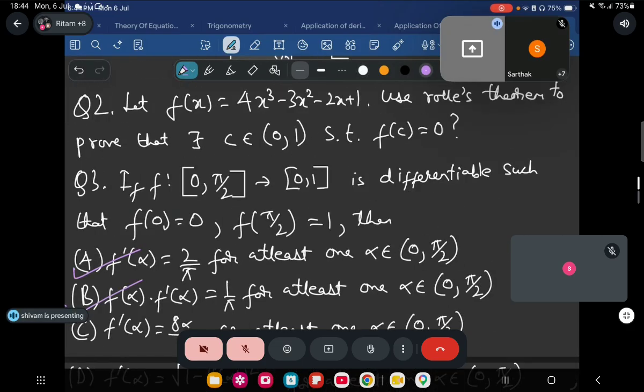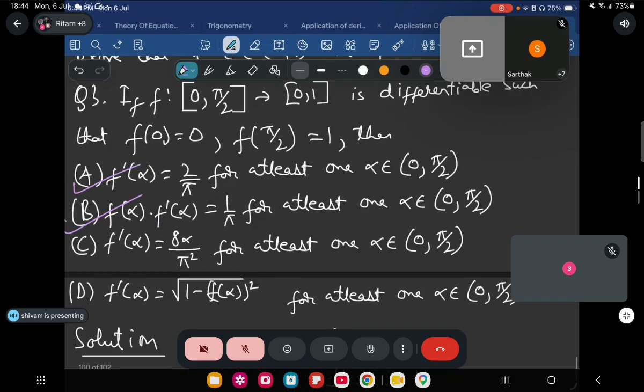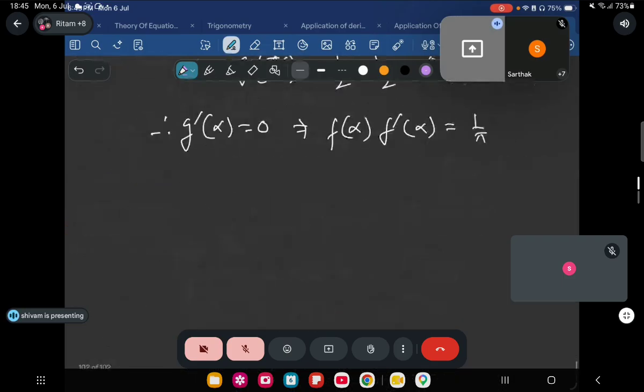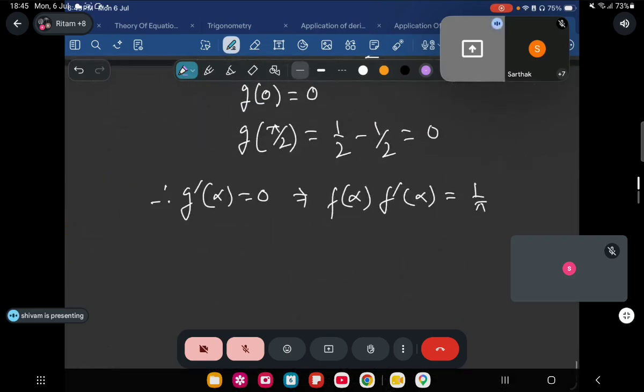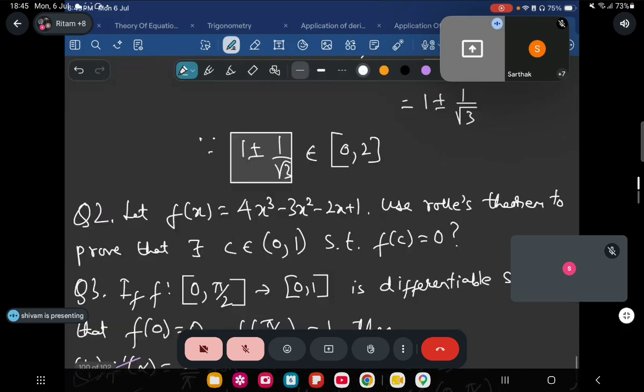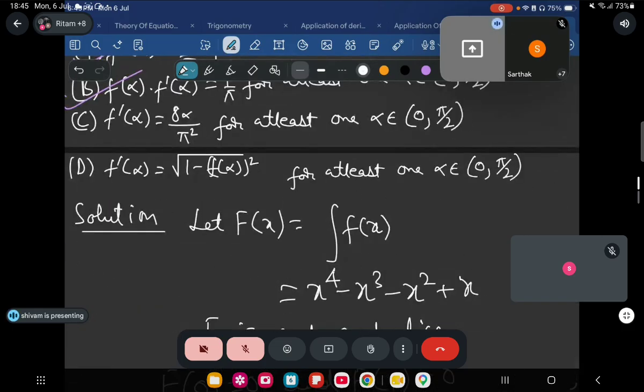So now you can understand that all the options are correct. Similarly, option C will also be correct. For option C, what function should we take? You should come to a point where f dash alpha is equal to 8 alpha by pi square.